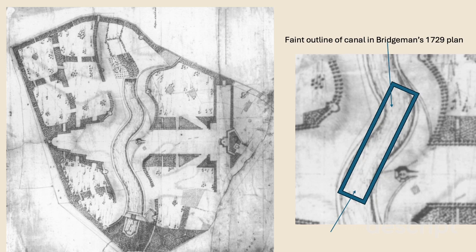So to me that means potentially that the canal there predated Bridgman in 1729, and therefore the obvious timeline for it might be the 1620s when the parkland was first enclosed.